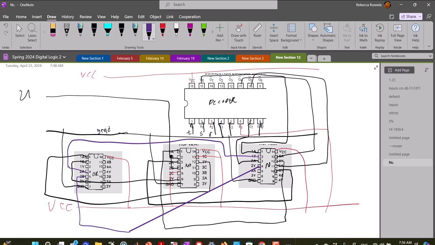Okay, and then I'm going to OR those two ORs. And then this finally will be my output.